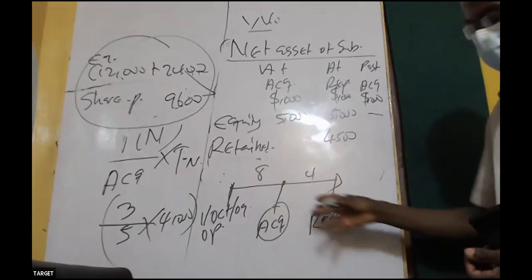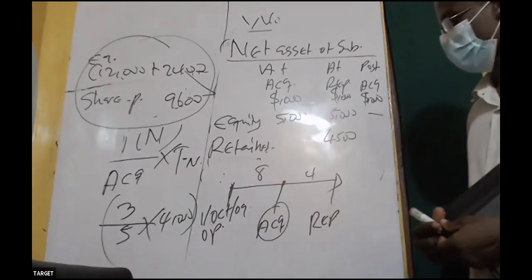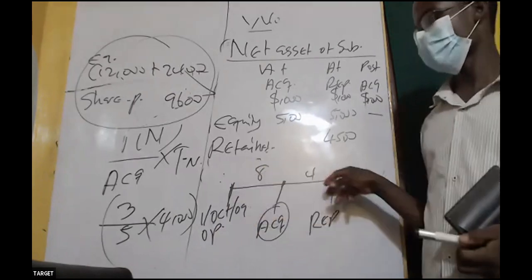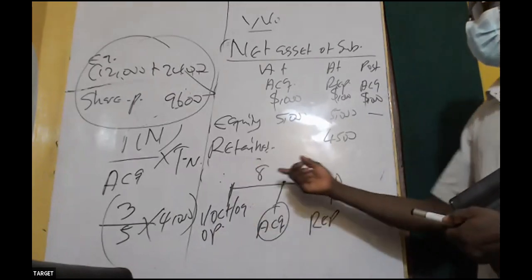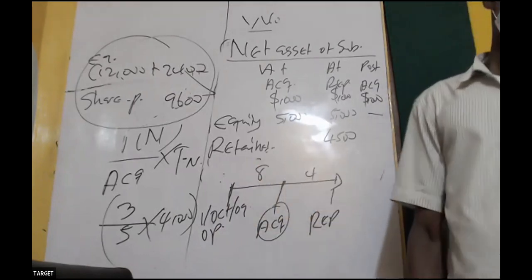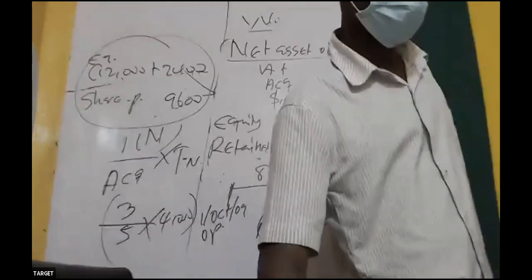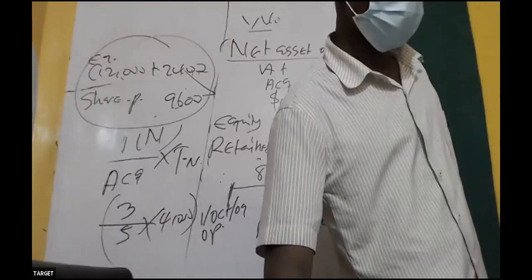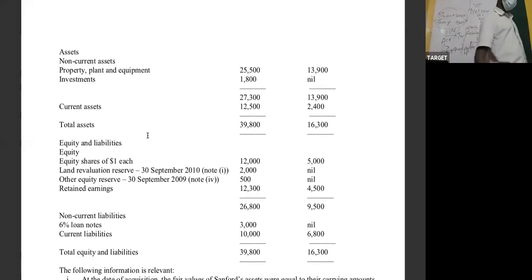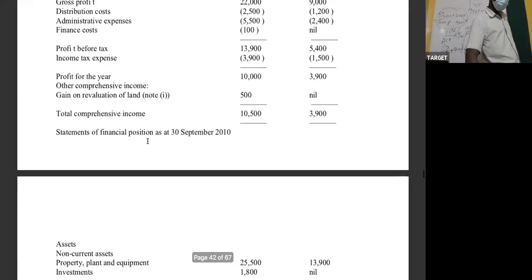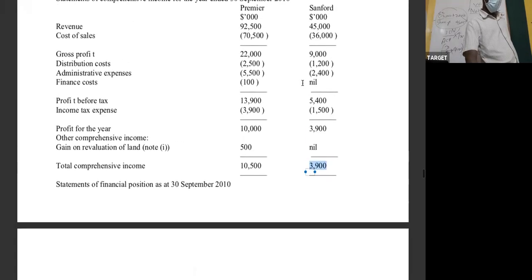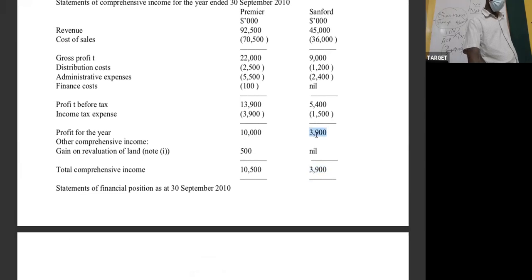There are 2 ways of computing the retained earnings there. Find the whole year profit and share it: find the 8 months of it, find 4 months of it. So go to the question and pick the whole year profit made by the subsidiary from the P&L. The whole year profit made is 3,900.